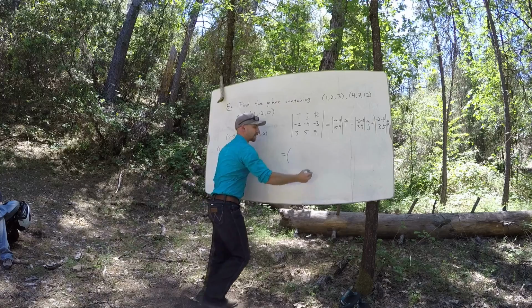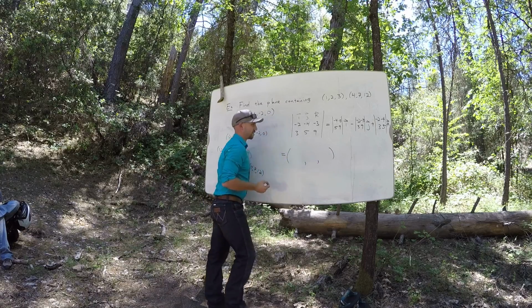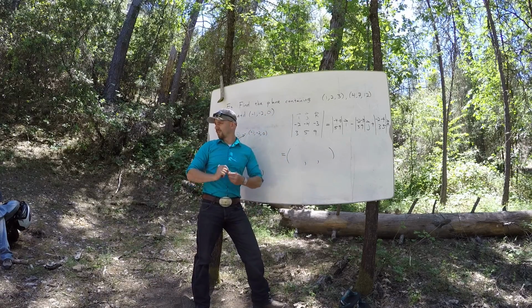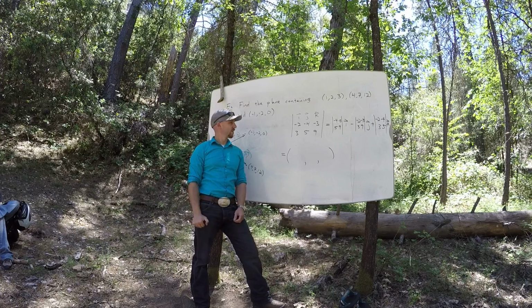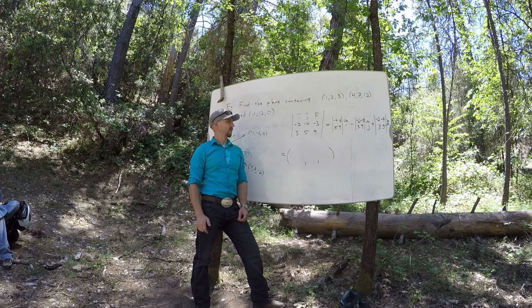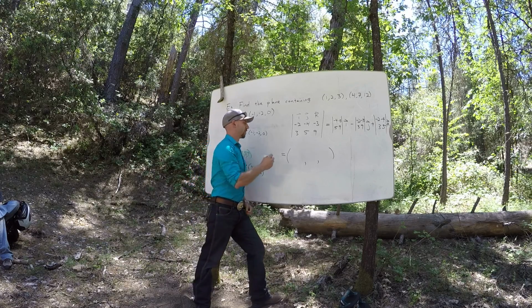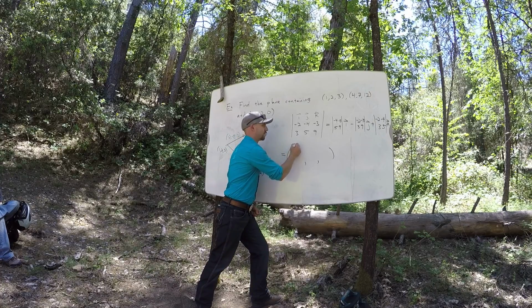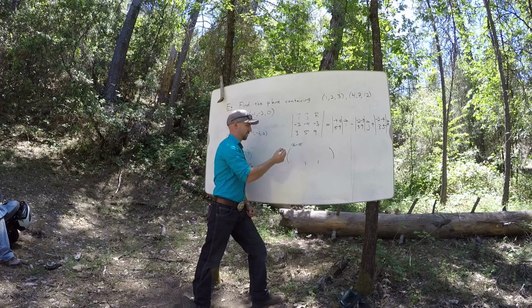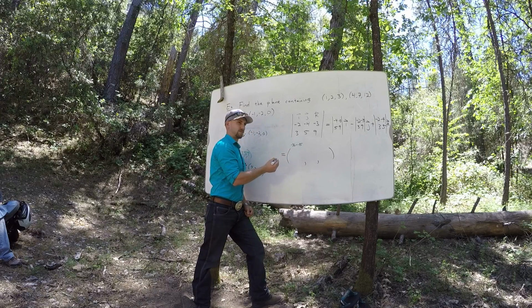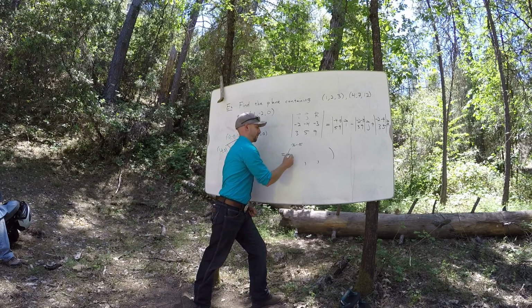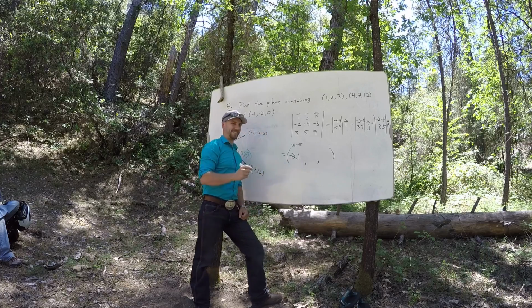Alright, so I'm going to get a vector. What's your first coordinate? -36 minus -15, right? -11. Damn arithmetic.